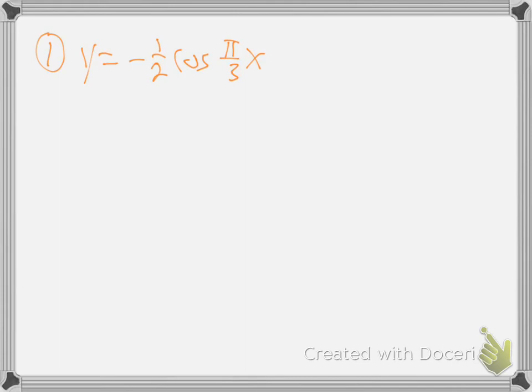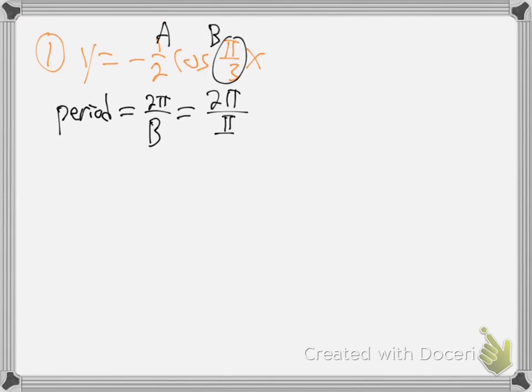So what do you need to do first? Period is 2 pi over b. Now what's b? What do we mean by b? Yeah, this is like a and this is b, the number next to x. Pi over 3, is that good?